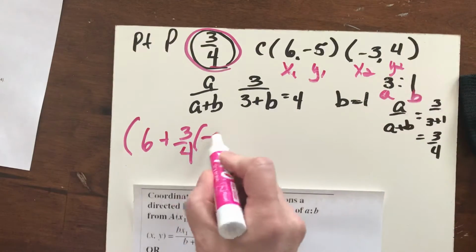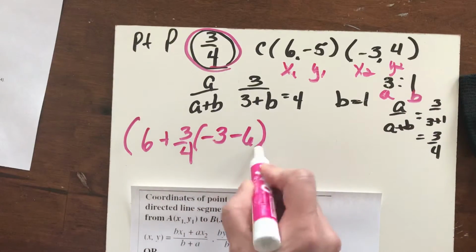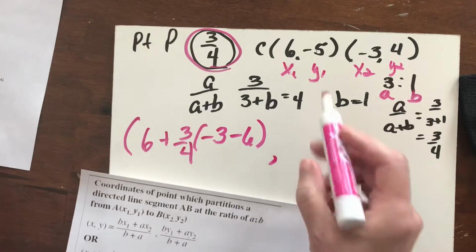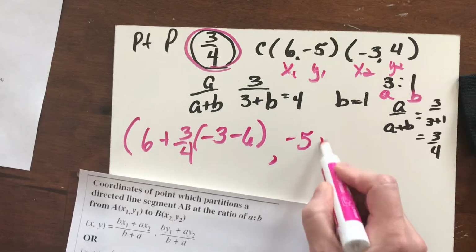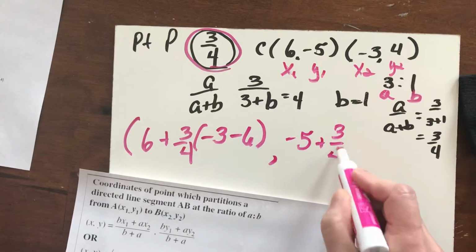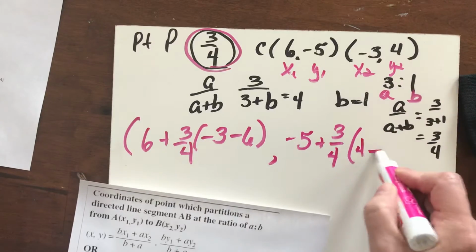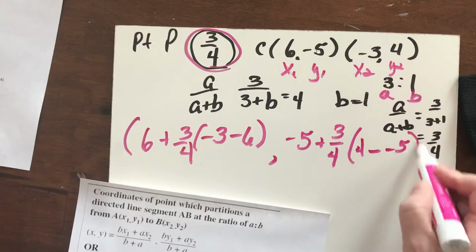So x sub 2 is -3 minus x sub 1 is 6. So that's going to be your x coordinate. Your y coordinate is going to be y sub 1, which is -5, plus the same 3/4, times y sub 2, which is 4, minus y sub 1, which is -5.